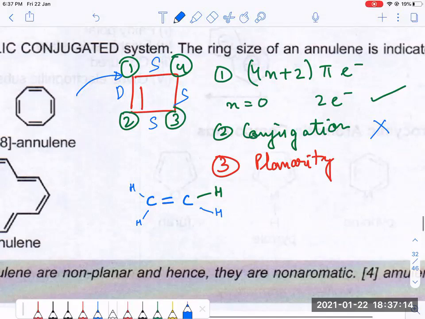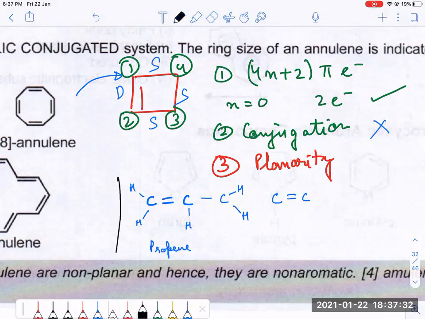This type of molecule can be easily represented by, let's add one more carbon to it. This is propene. The structure which I have made is of propene. Now in this propene, I wish to calculate the hybridization of carbons 1, 2 and 3.